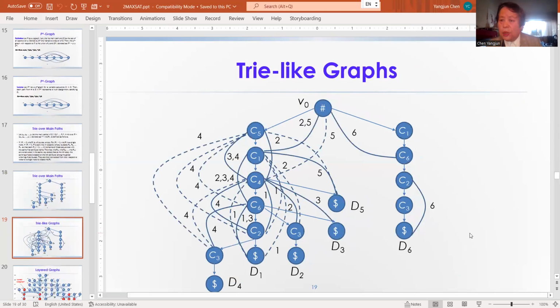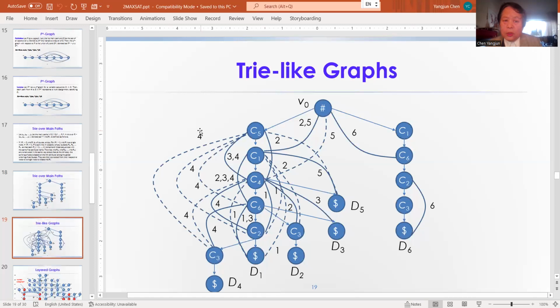Then I put all the transitive closures in all the P-star graphs into this trie structure to generate a trie-like graph like this. Here, special attention should be paid to the numbers associated with the splines.